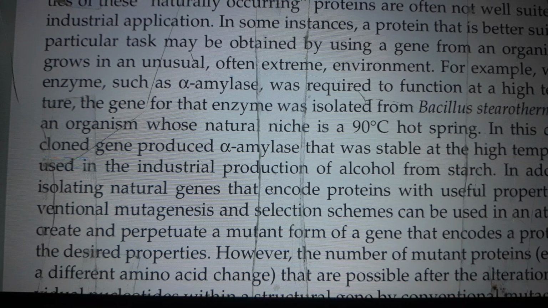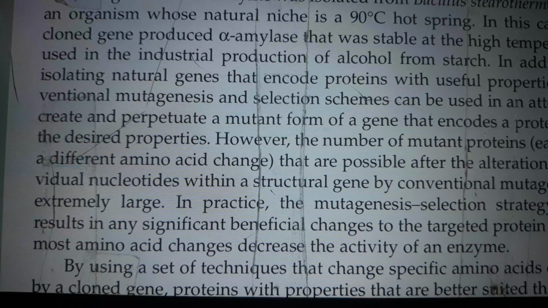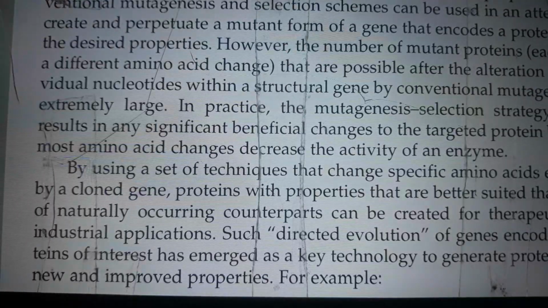The enzyme was used in the industrial production of alcohol from starch. In addition to isolating natural genes that encode proteins with useful properties, conventional mutagenesis and selection schemes can be used in an attempt to create and perpetuate a mutant form of a gene that encodes a protein with desired properties.